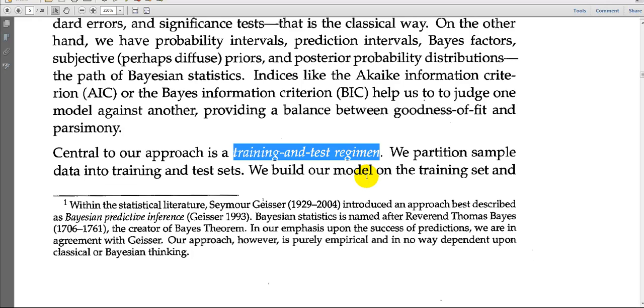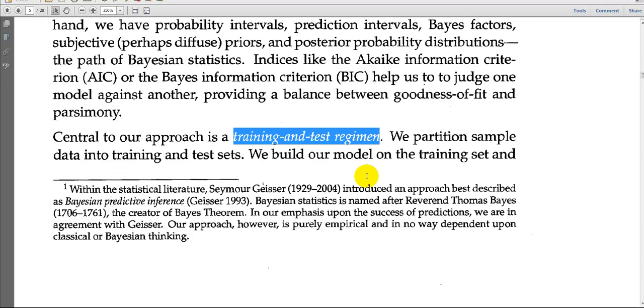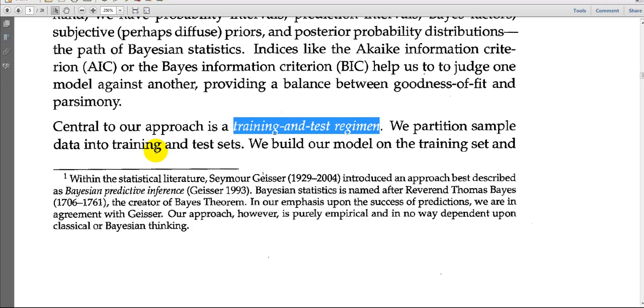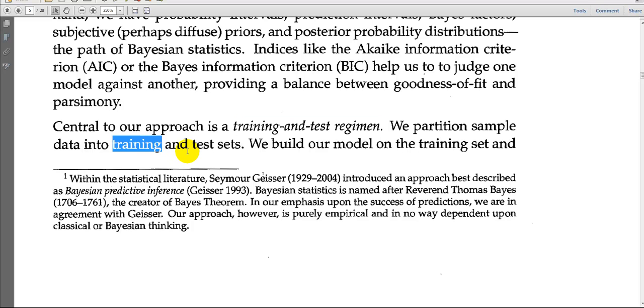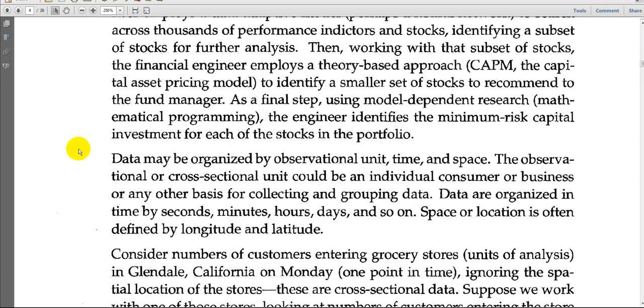So we are definitely going to be doing this, and that is, we're going to break our data set. We have a set of data. Suppose we have 10,000 pieces of data, 10,000 records, 10,000 observations, or as he called it before, 10,000 units of analysis.